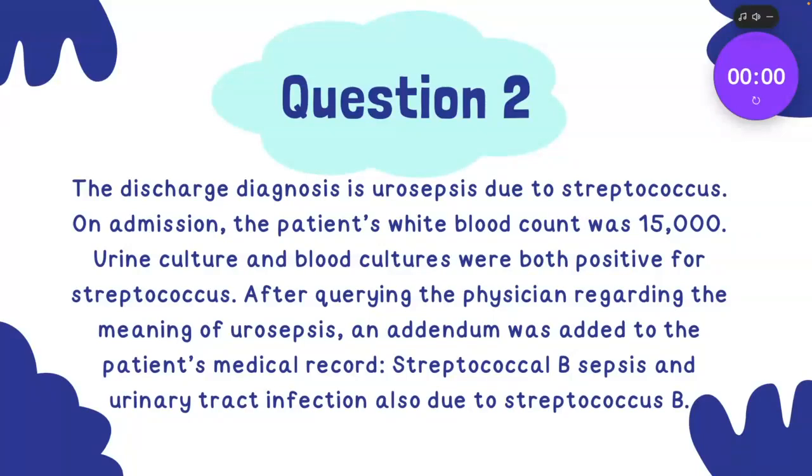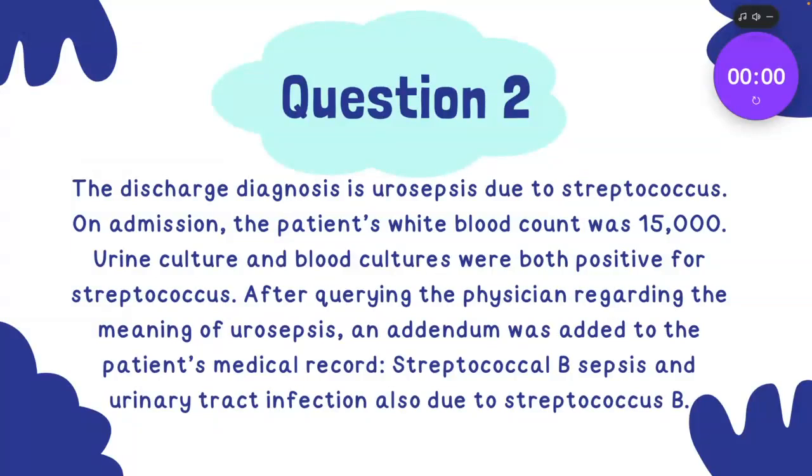All right, so the next case, the discharge diagnosis is urosepsis due to streptococcus. On admission, the patient's white blood cell count was 15,000. Urine culture and blood cultures were positive for streptococcus.